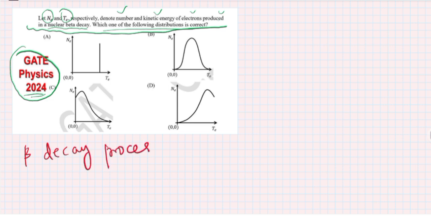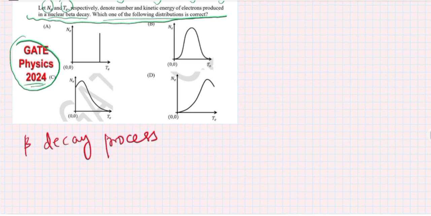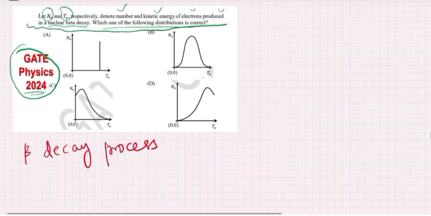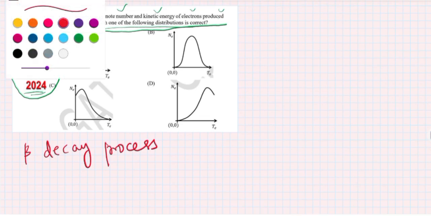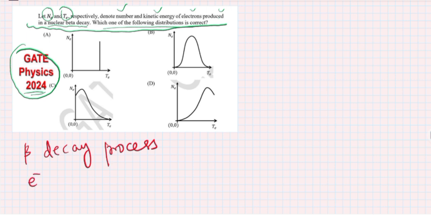There is some beta decay process, and during that beta decay process, some electrons are ejected. The electrons are ejected, and the number of those electrons is Ne.